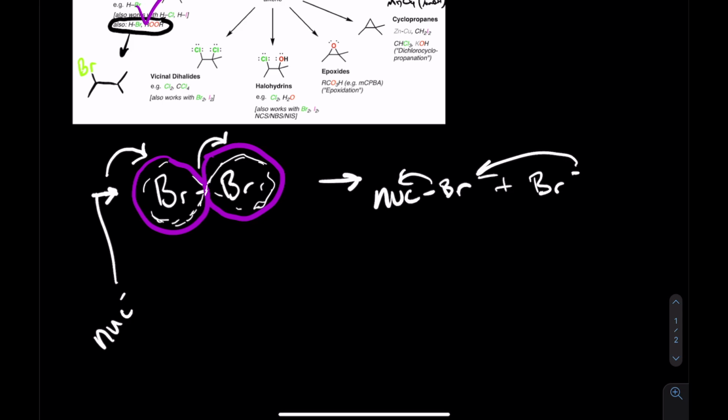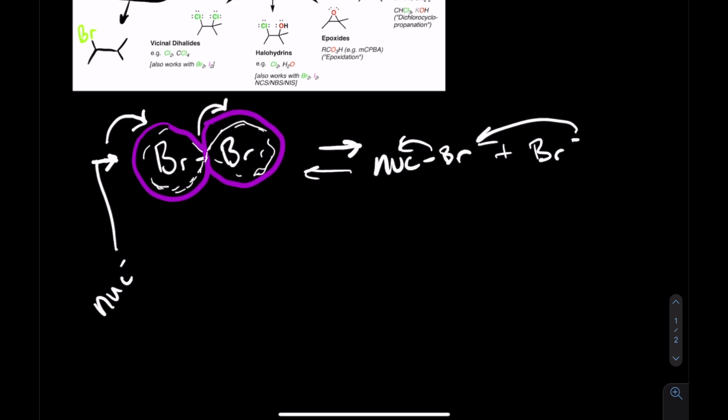And what you end up with is the nucleophile actually ends up with a bromide on it, and you get the Br minus. Of course, where your nucleophile is, say, water, that can attack the bromide, and then that can go back, and you'd end up with some sort of equilibrium.